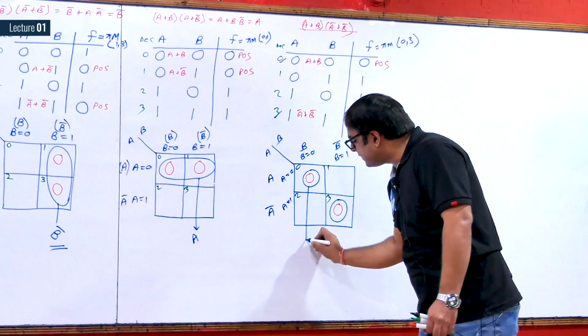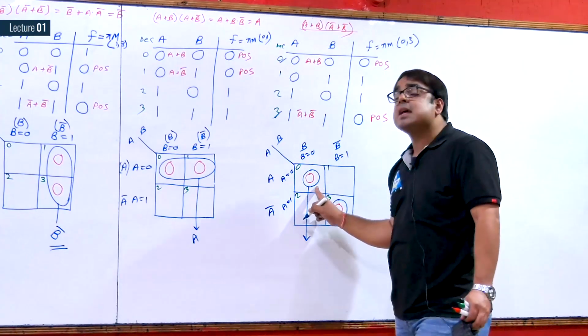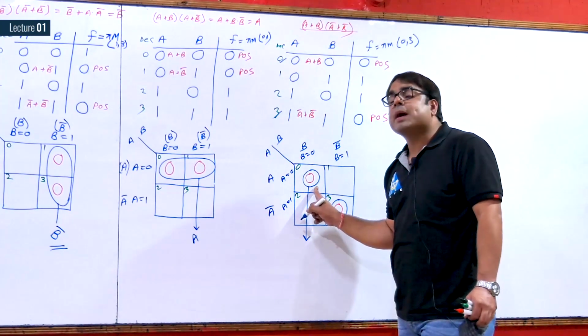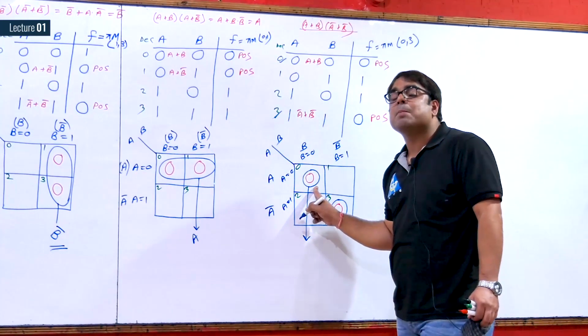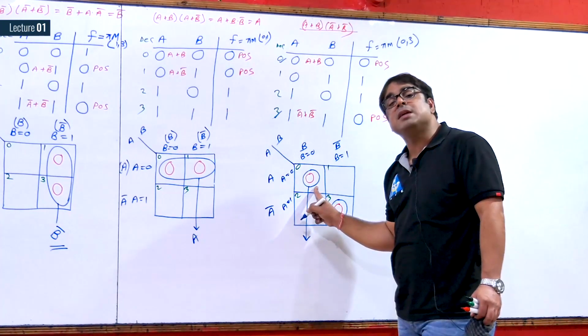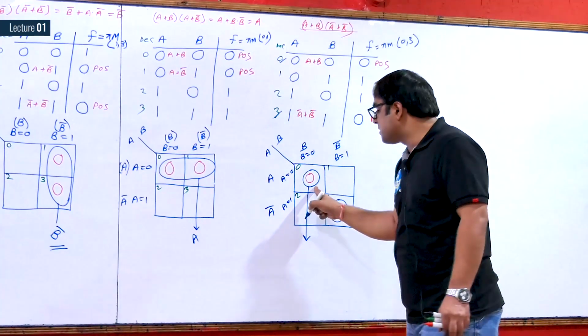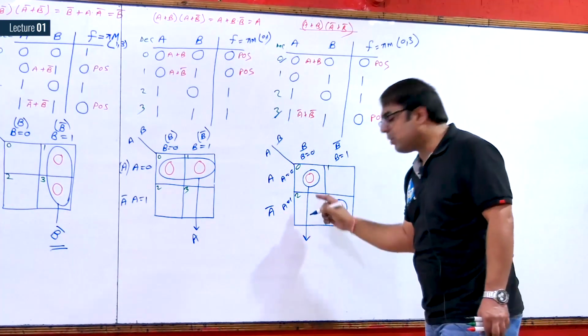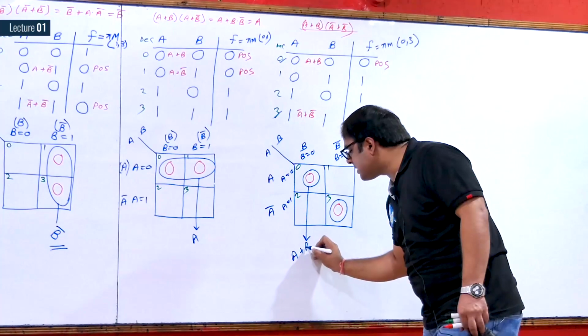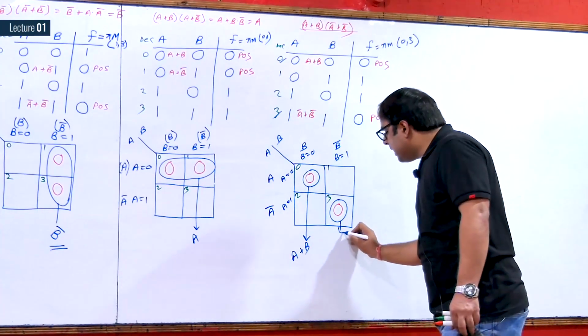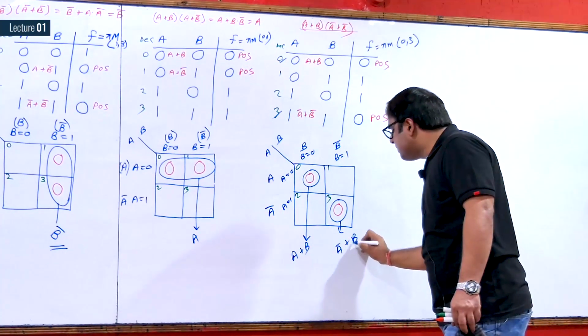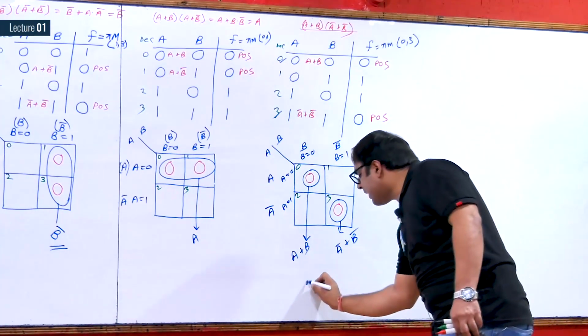So this is POS. POS means individual terms are max terms, and max terms are sum terms. So you have to write in the form of a sum. This is A plus B. This is A complement plus B complement. So what is the final answer?